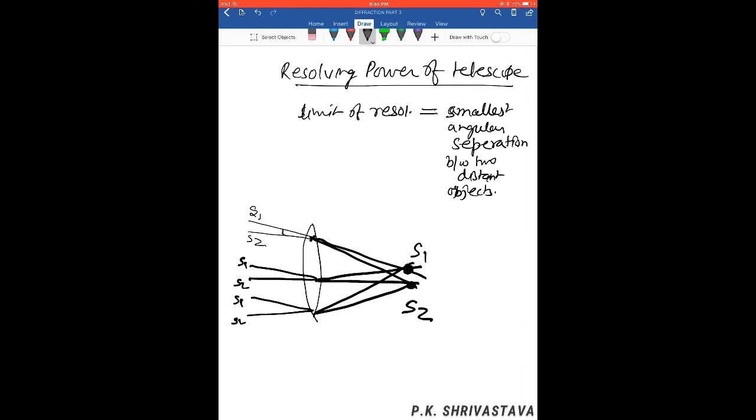This is smallest angular separation between these two distant objects. The limit of resolution is the smallest angular separation between two distant objects whose images are just seen as separate through the telescope.